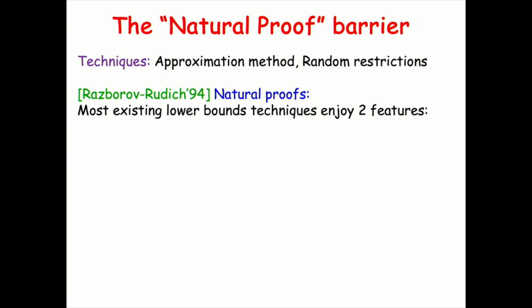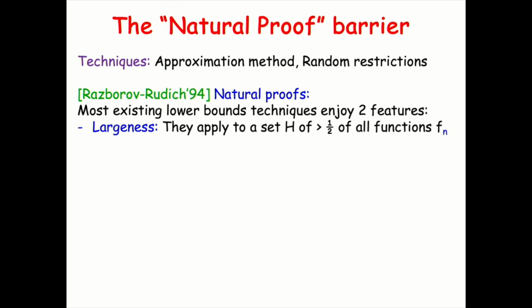They have two features. One, when you prove a lower bound, let's say on parity or majority, you already prove the lower bound for half the possible functions. So this is largeness. The other is constructiveness. The functions for which you prove hardness are easily recognized. If you give me the truth table, I can tell you whether it's hard in this sense.